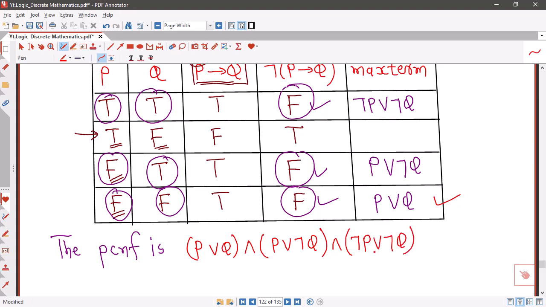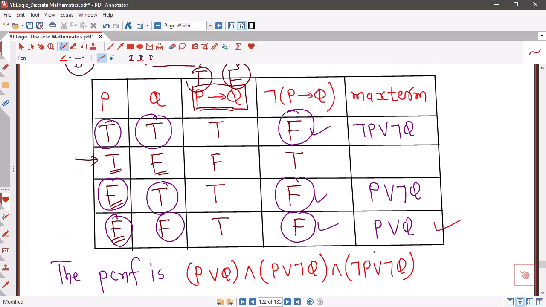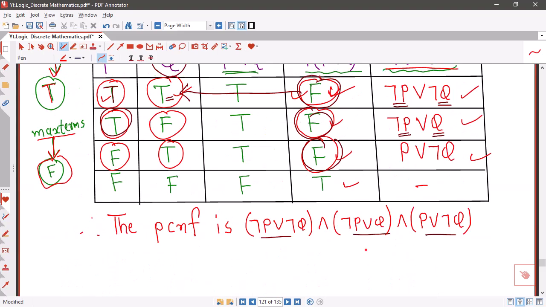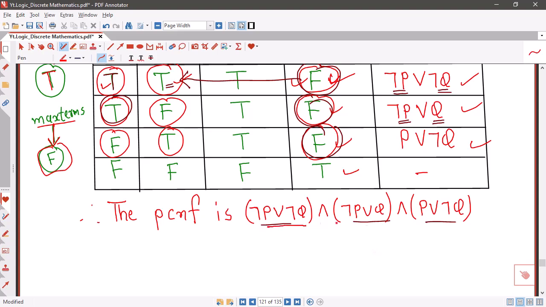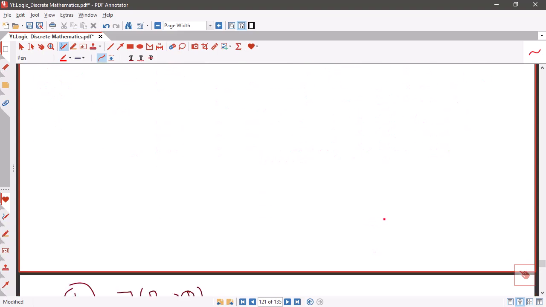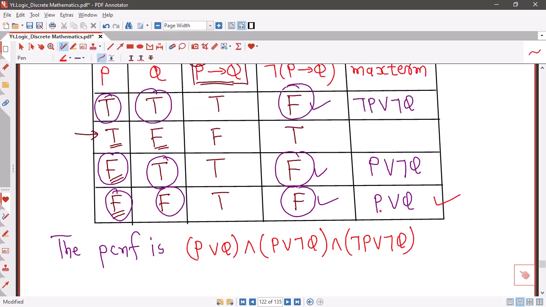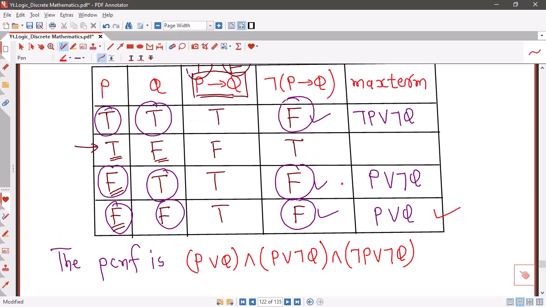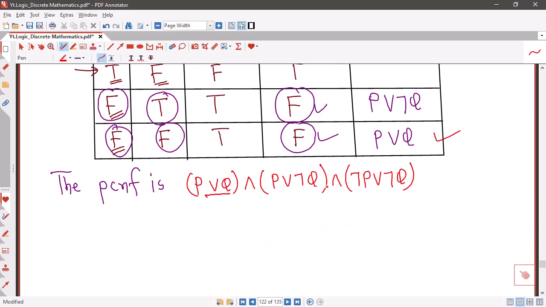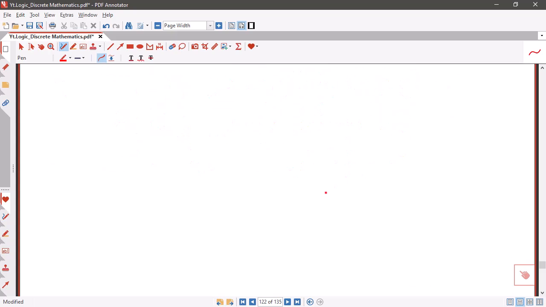This is the required principal conjunctive normal form. In this form also we have used three max terms out of those four possible max terms. All we have to take care of is that we use max terms out of those four possible max terms only.